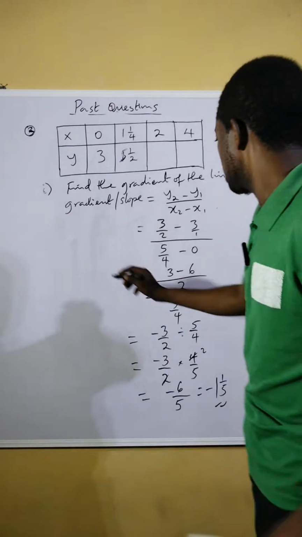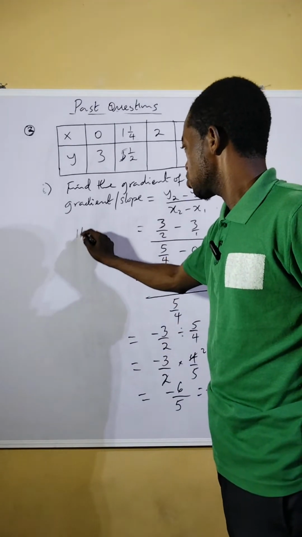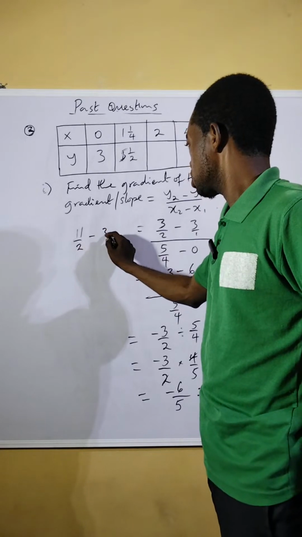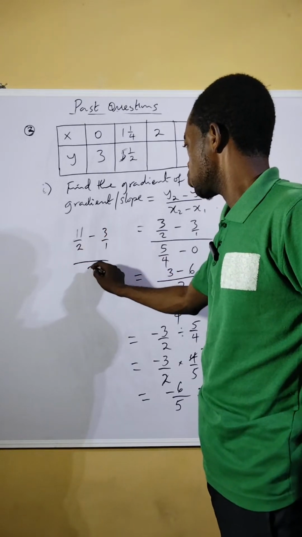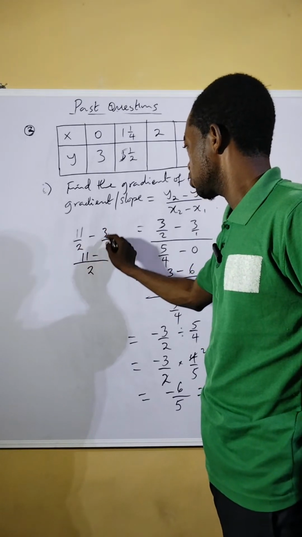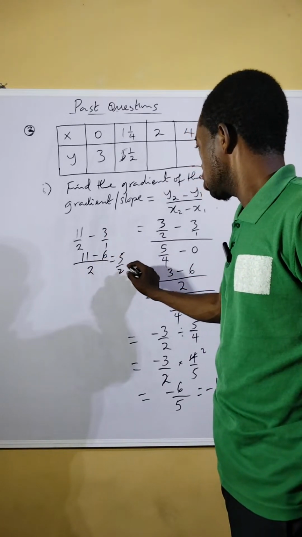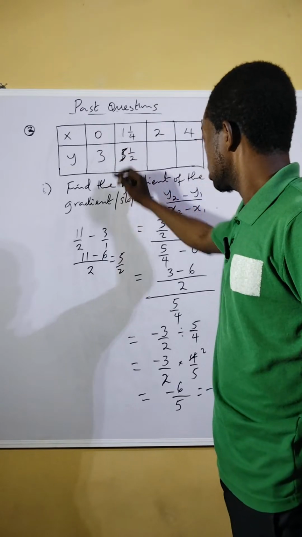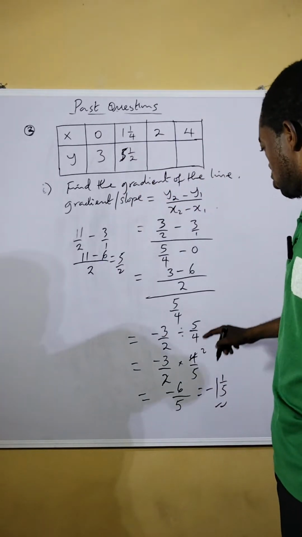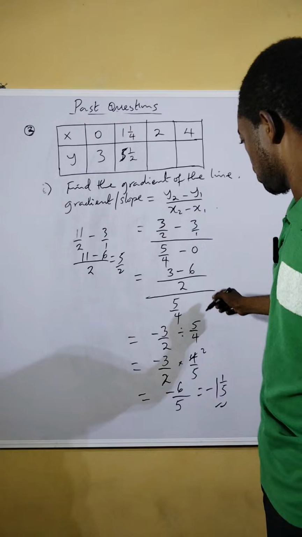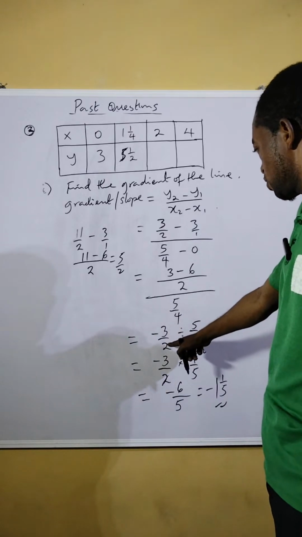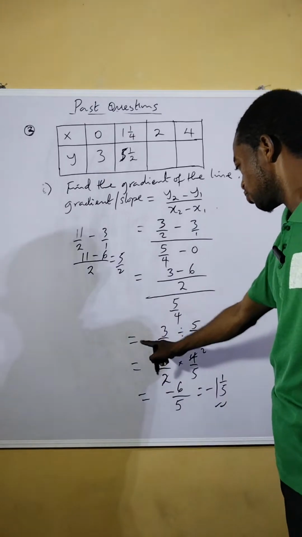So let's look at that. We have 11 over 2 minus 3 over 1. Here I have 2 as the LCM. Here I have 11 minus 6, and that gives me 5 over 2. So what we should have now up here is not minus 3 over 2, but 5 over 2.